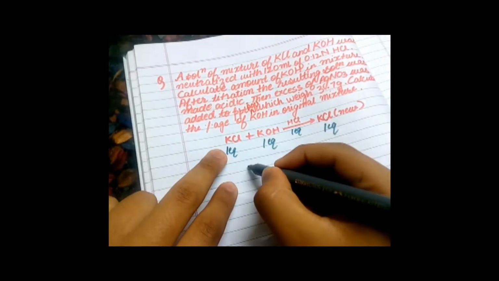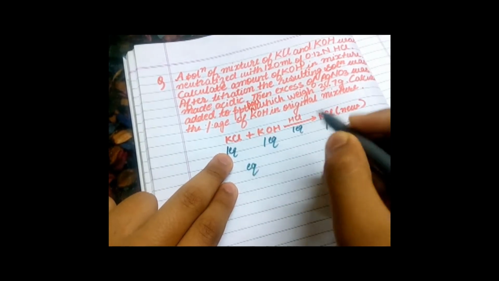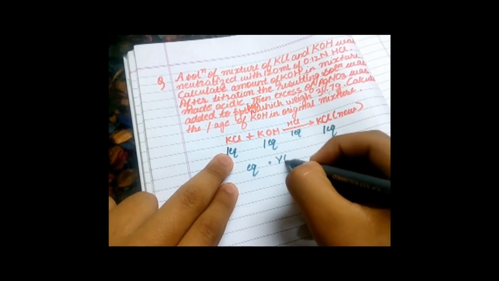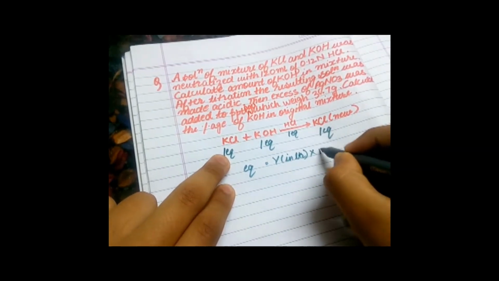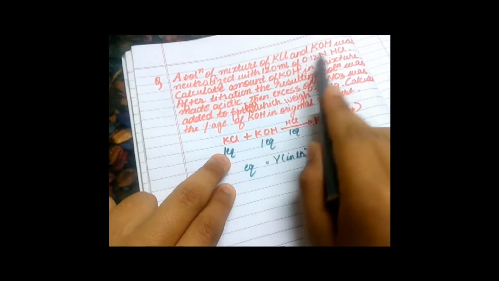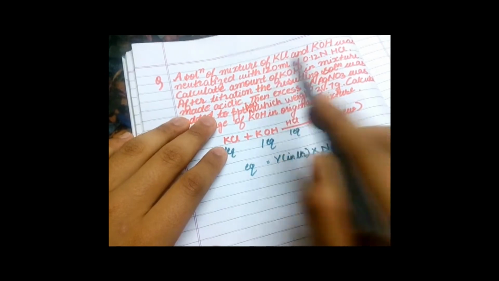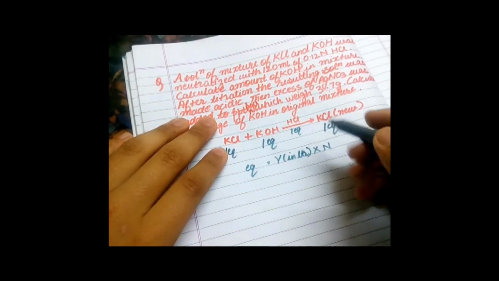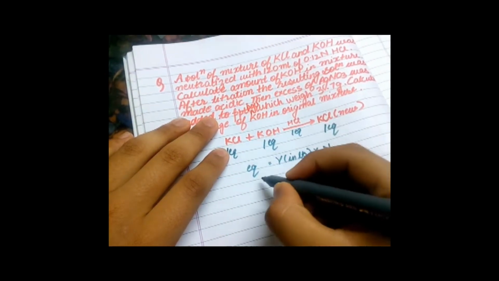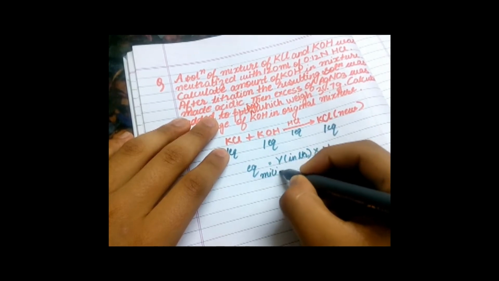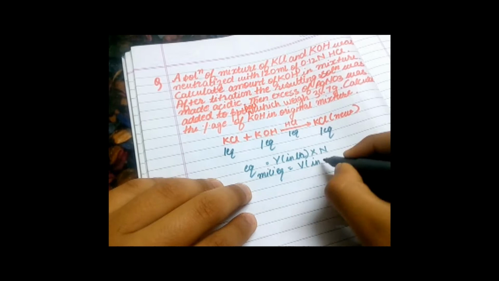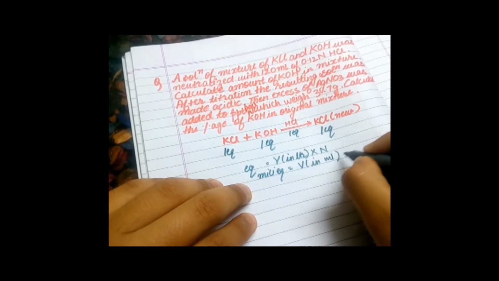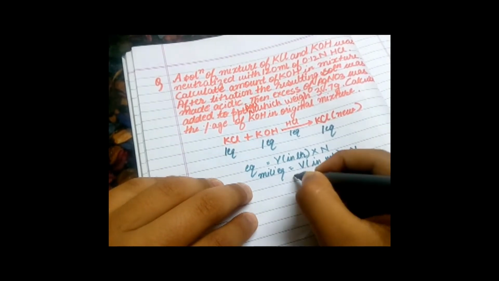So friends, the formula for number of equivalents is volume in liters multiplied by normality. Here as you can see the volume is given in milliliters, so I would prefer to use milliequivalents. So milliequivalents is volume in milliliters into normality.